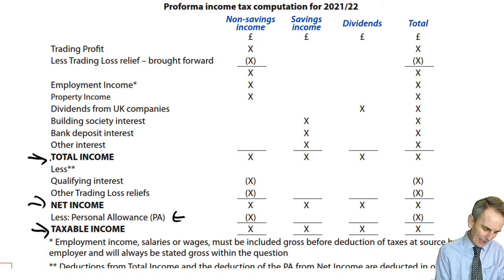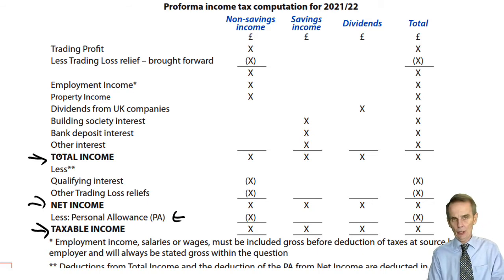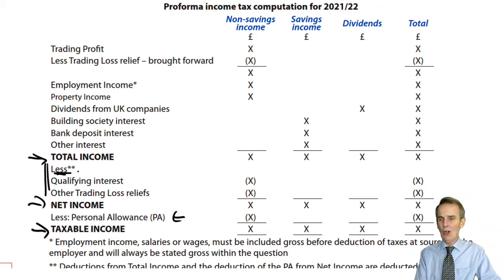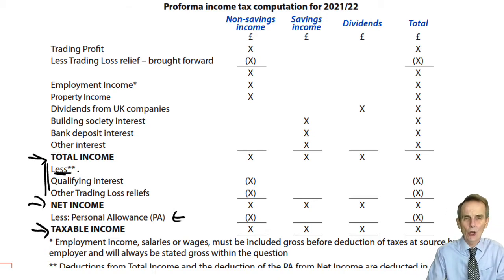But prior to getting net income, we had total income. And then there were these possible deductions here. Now, these are much less common when it comes to examination questions. If you were to get one of these in an important context, it would be these other trading loss reliefs.